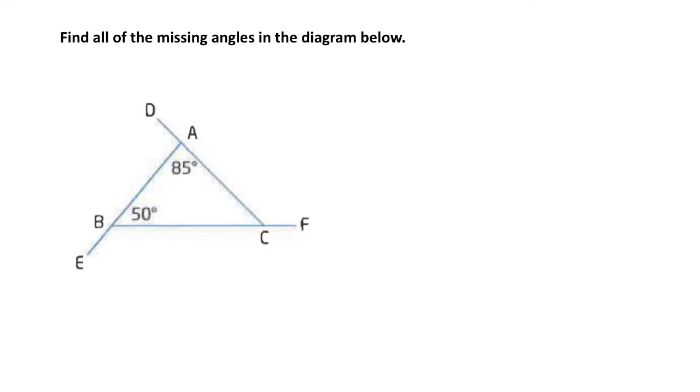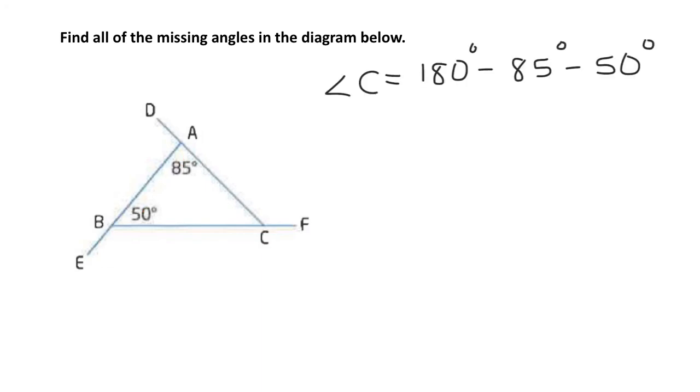So the easiest thing to start with would be to figure out what is this missing third interior angle, angle C. So again, we know that all 3 interior angles, when added together on the inside of a triangle, are going to add up to 180 degrees. So to find angle C, I'm simply going to subtract the given angles from 180 degrees.